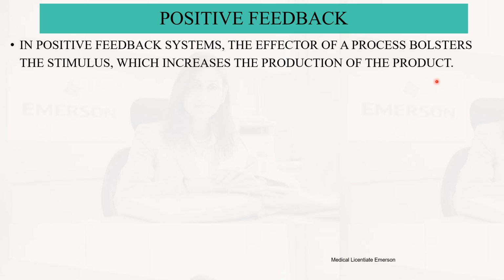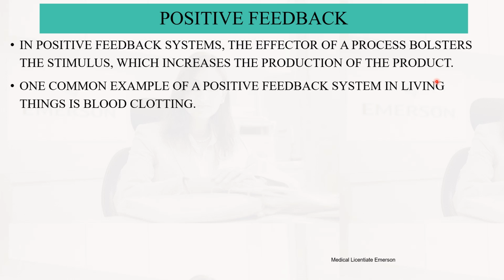When the effector of a process increases or bolsters the stimulus, which then increases the production of the products, that's what we are referring to as positive feedback. One common example of a positive feedback system in living things is blood clotting.